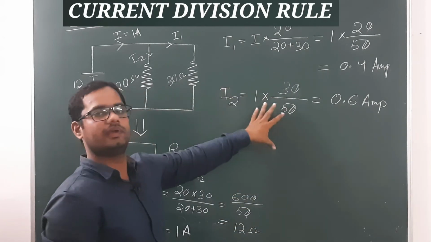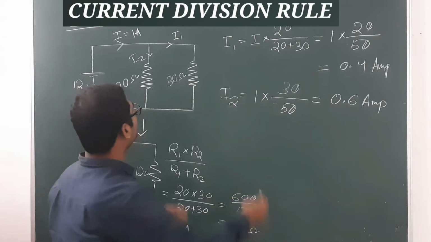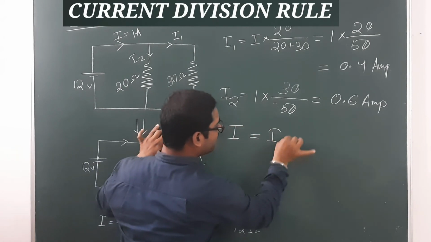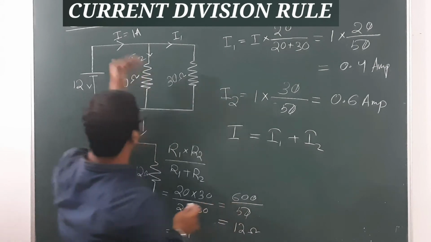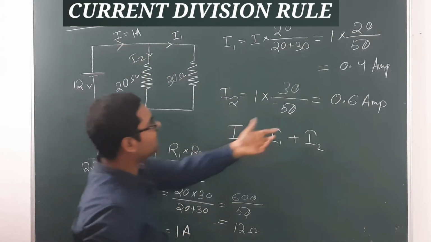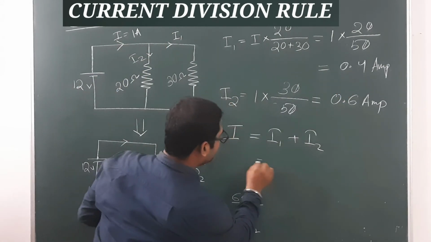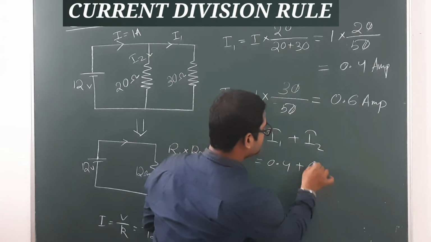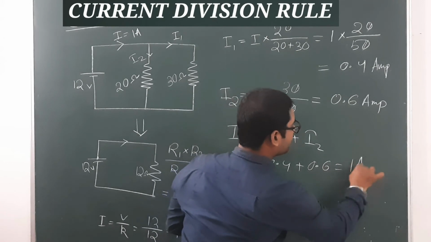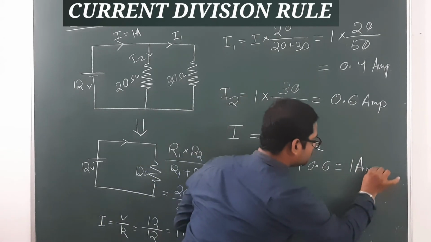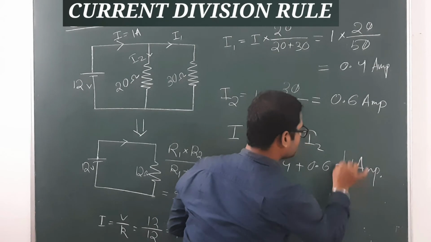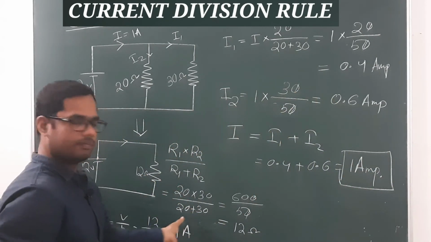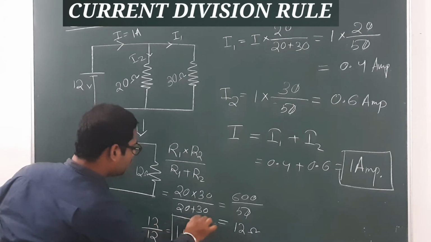This can also be verified: I must equal I1 plus I2, because the current is getting divided here. I1 is 0.4 and I2 is 0.6, so it is 1 ampere, and we already found from the formula that it is also 1 ampere.